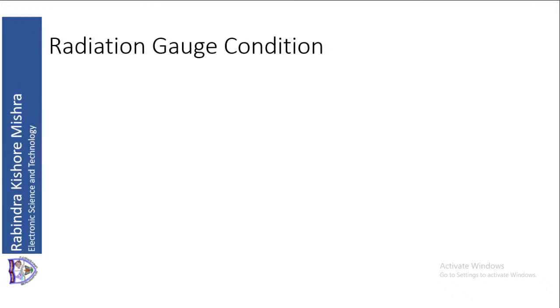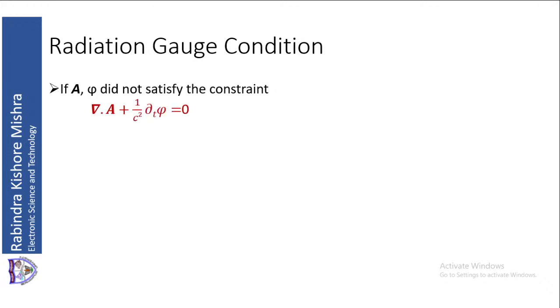Now let us come to the radiation gauge condition. Suppose A and phi did not satisfy the condition that we have just defined, divergence of A plus 1 upon c square dot t phi is equal to 0. If they do not satisfy this condition, then we will be trying to transform the potentials A and phi.